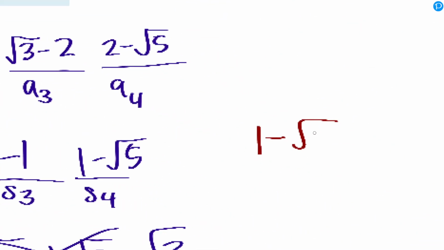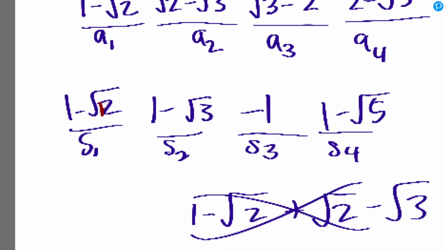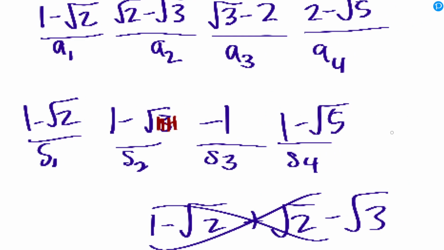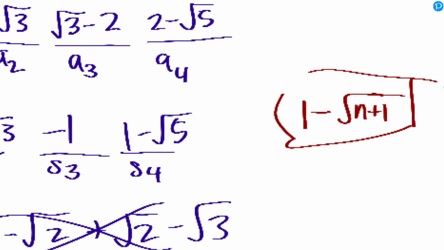Because this is n plus 1, this is n plus 1. The n plus 1 here would be 4. 1 minus 2 would give you negative 1. And then this would be n plus 1 as well. So it looks like our general term will be 1 minus the square root of n plus 1.